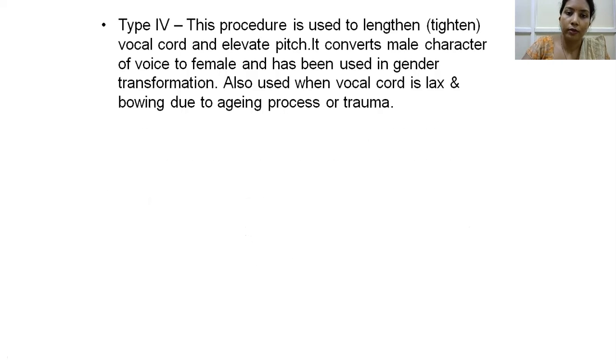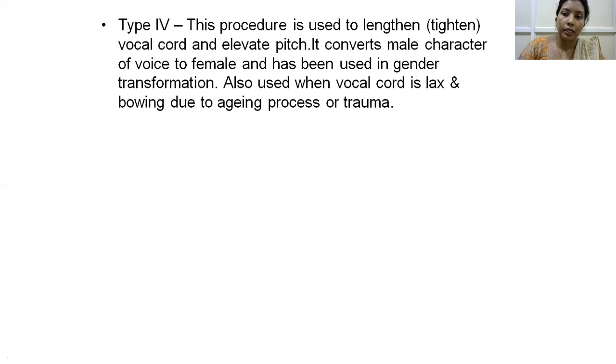Type 4 is the opposite of type 3. It is the procedure used to lengthen or tighten, increase the tension in the vocal cord and to elevate pitch. It converts the male low pitch character of voice to a female high pitched character of voice, which is also used in gender transformation from male to female.